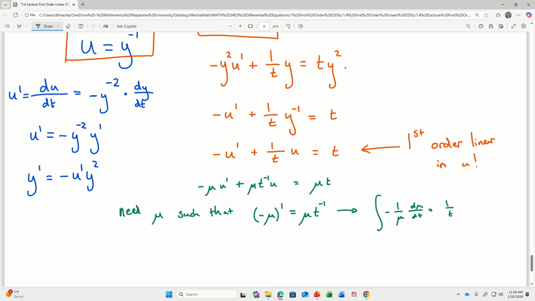We take the antiderivative with respect to t on both sides, and I get negative natural log of mu is equal to natural log of t plus a constant, but I don't need the constant.